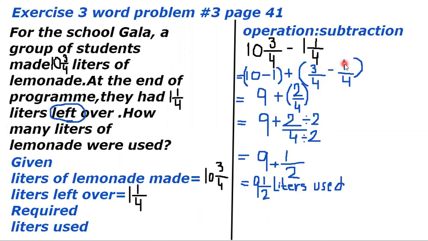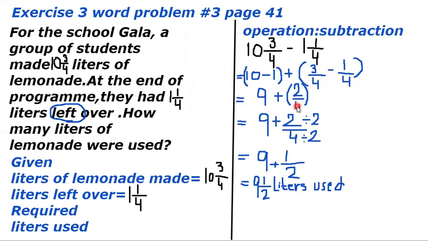Here we don't need to make the denominators same. Now 3 minus 1 gives us 2, and 4 is the common denominator. We will write it only one time.